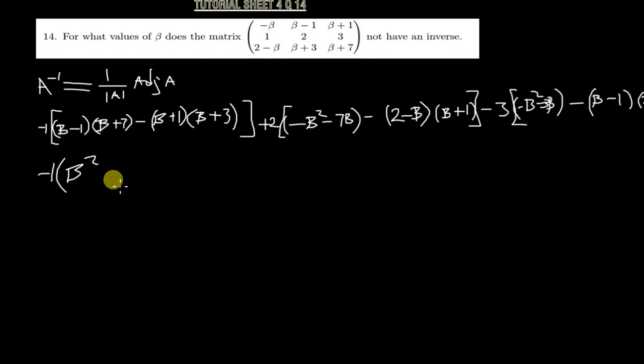So 7 beta minus beta, you get 6 beta. Finally we multiply negative 1 times 7, you get negative 7.